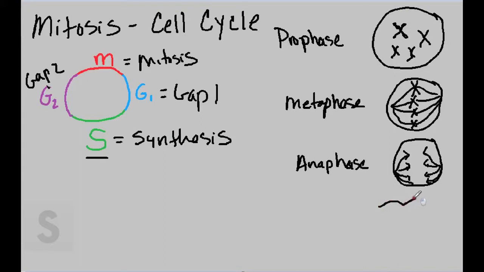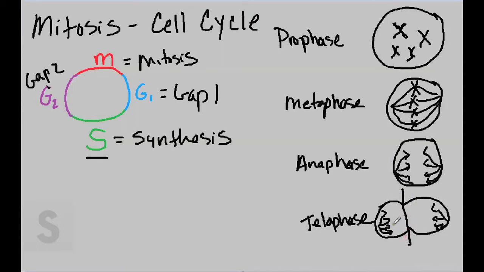Now in telophase, the chromosomes get pulled completely apart to the different poles by the spindle fibers. And then the cell gets ready to undergo the process of cytokinesis. This is where the cell actually splits and goes from 1 cell to 2 daughter cells.